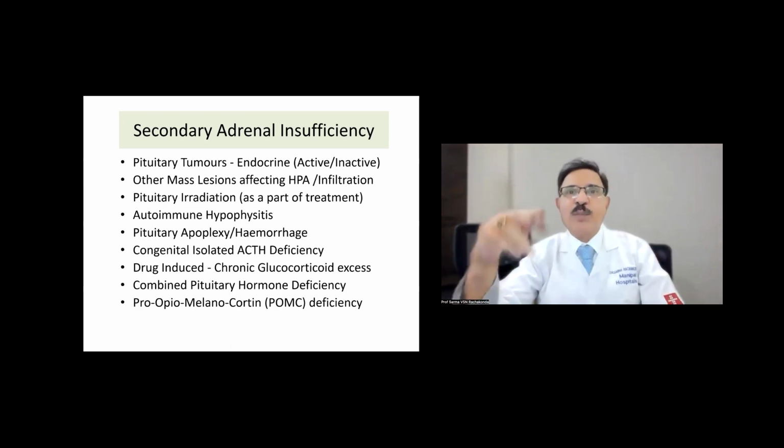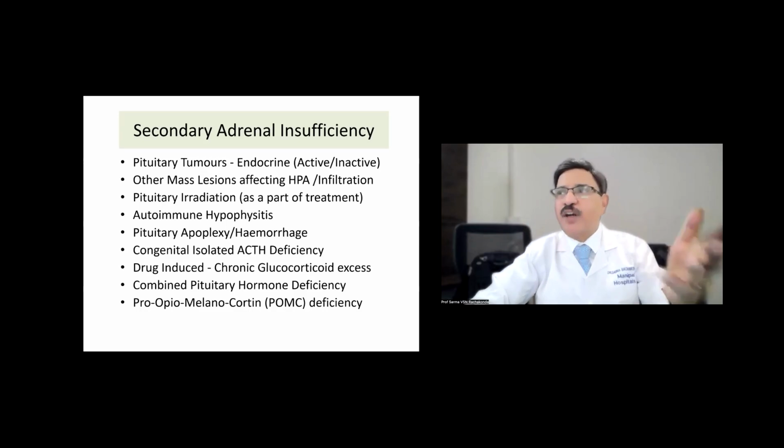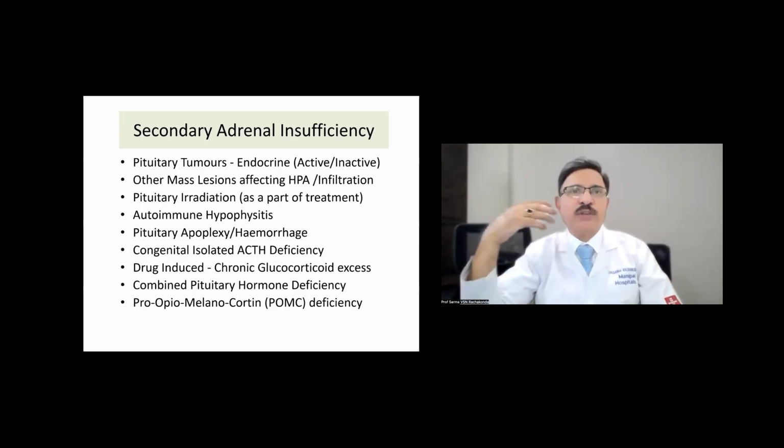Now, what are the secondary causes of adrenal insufficiency? Secondary means not related to the gland but above it: pituitary tumors, endocrine tumors, inactive or active, other mass lesions affecting the hypothalamic-pituitary axis. Then infiltrations due to various substances. Pituitary irradiation as part of treatment for craniopharyngiomas or some other tumor in the pituitary. Do we irradiate the pituitary for Cushing syndrome itself?